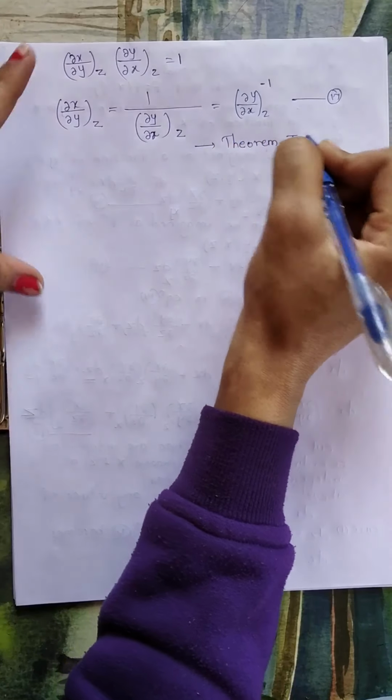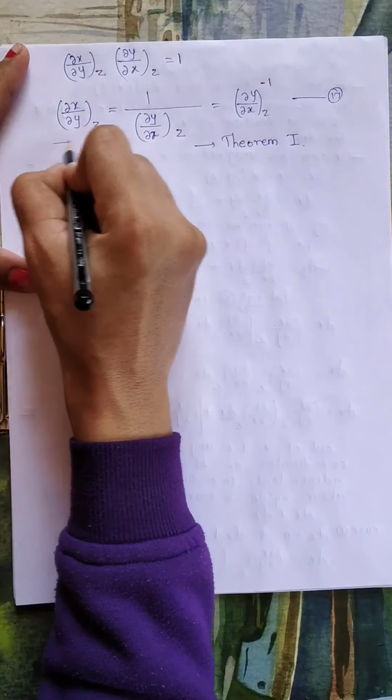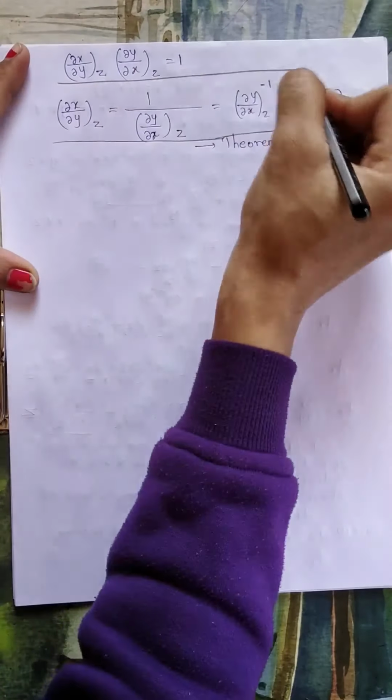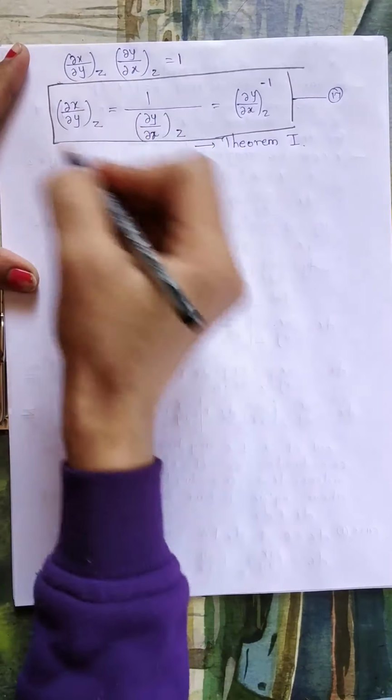This is our theorem number 1. This is a very important theorem; in the exam they may ask you to verify this theorem. This theorem is known as the reciprocity relation.